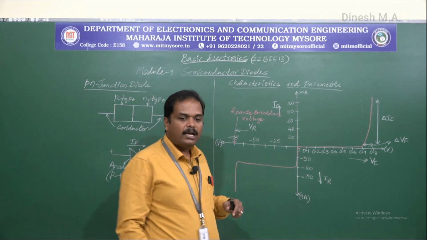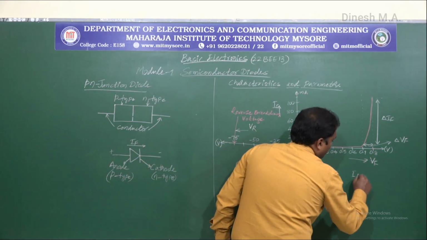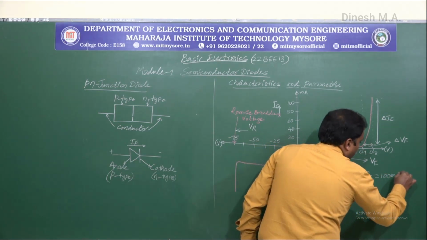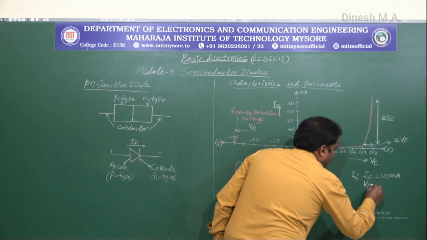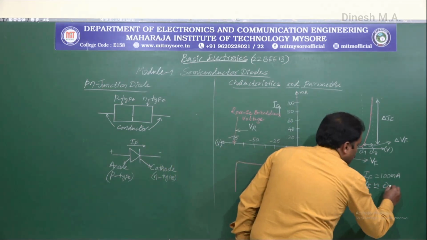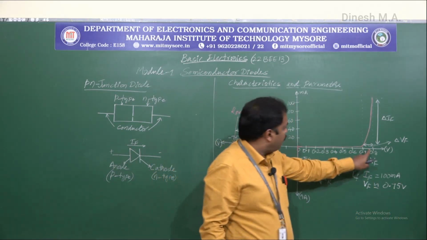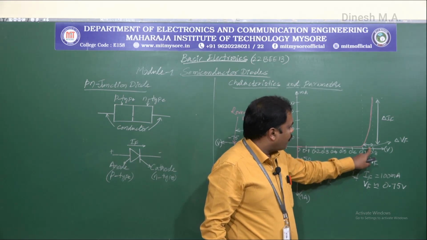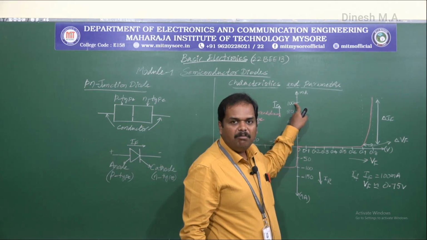Let us say IF is equal to 100 milliamperes, where VF is approximately 0.75 volts. So here we can see that at VF equal to approximately 0.75 volts, the forward current is 100 milliamperes.